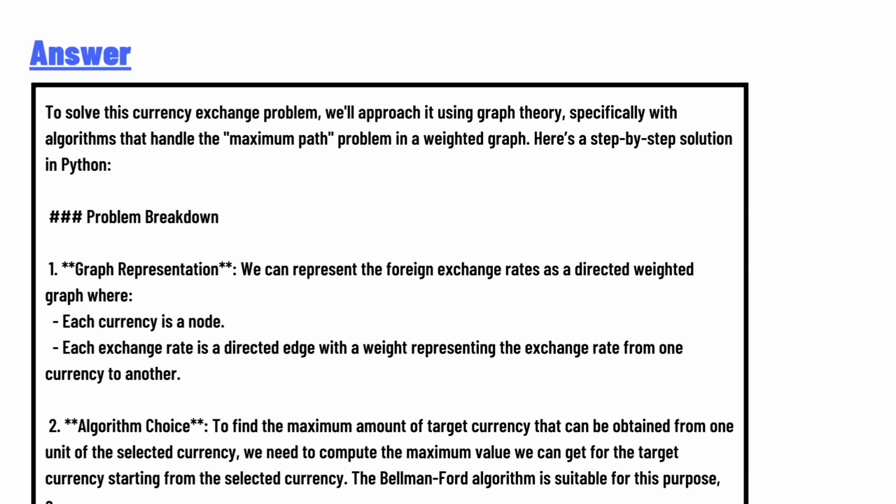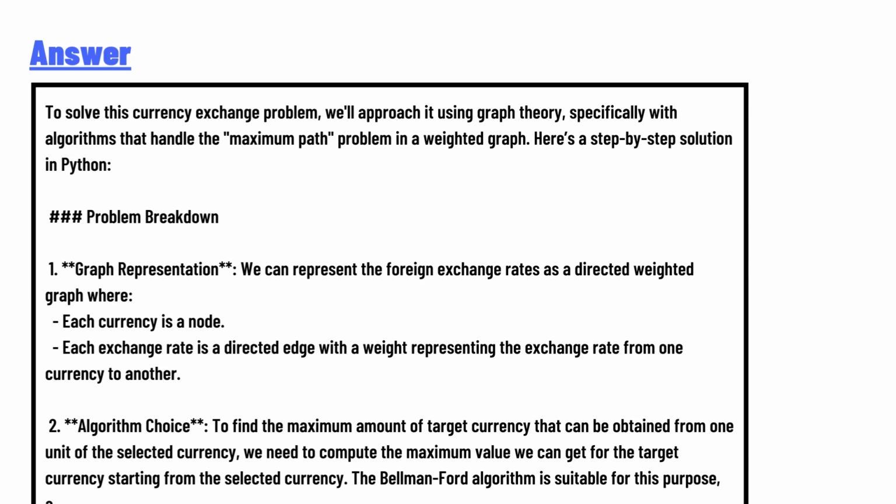From collections import defaultdict. def max_exchange_rate(fx_rates, start_currency, target_currency): create the graph, graph = defaultdict(list). For rate in fx_rates: src, dst, value = rate.split(); graph[src].append((dst, float(value))). Implement Bellman-Ford to find the maximum value path.